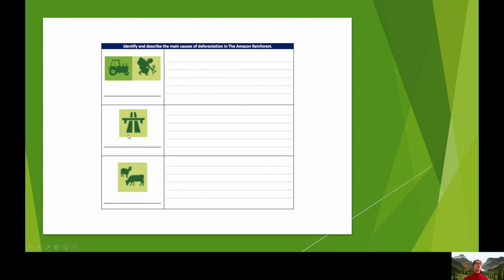Here we have a picture of road. Remember that image we looked at with the roads and the deforestation? And we have a picture here of cattle. So I would like you please to use these prompts to describe the main causes of deforestation in the Amazon rainforest.